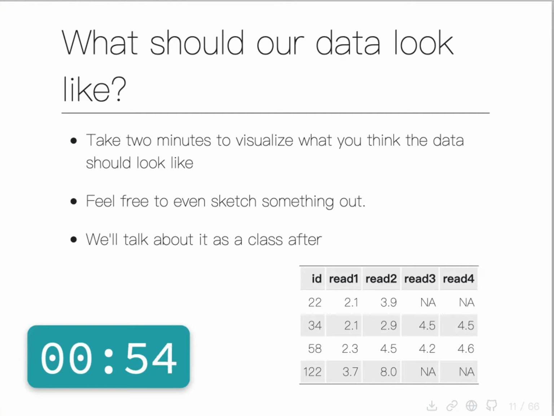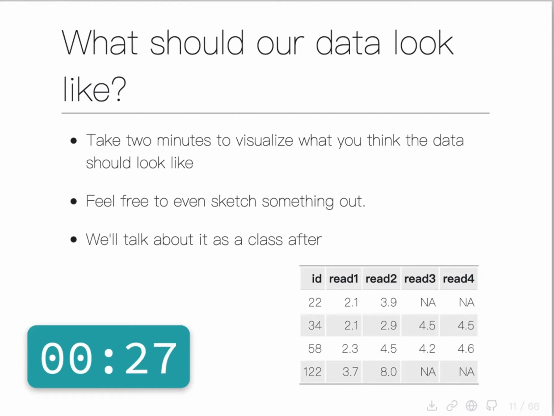Who wants to volunteer? What should these data look like? Yeah, so for example, ID 34 should have like 4 rows, and within each row, it's like a time period.